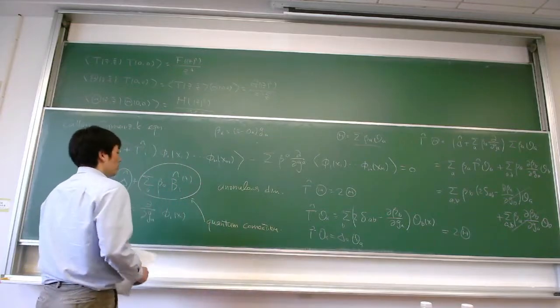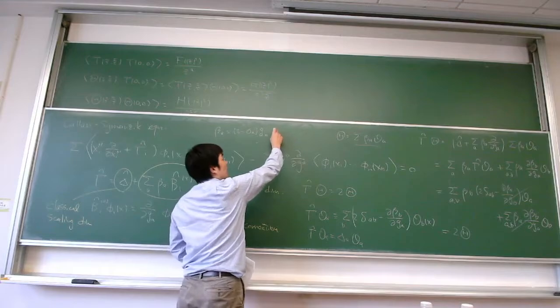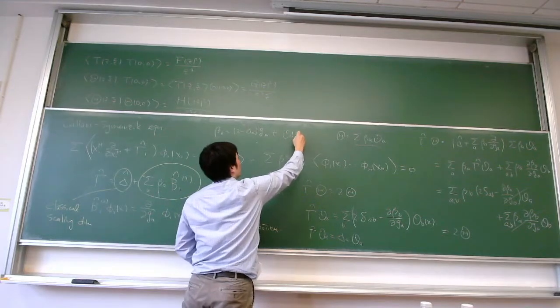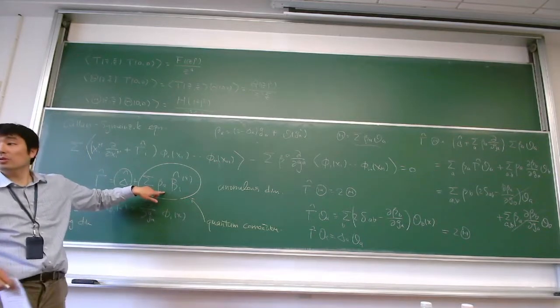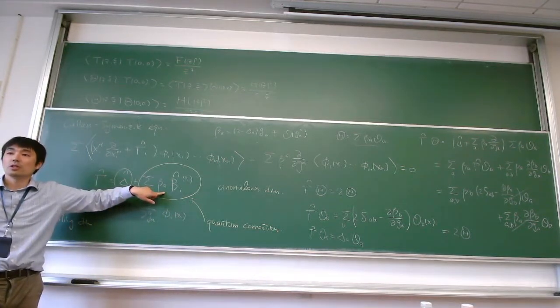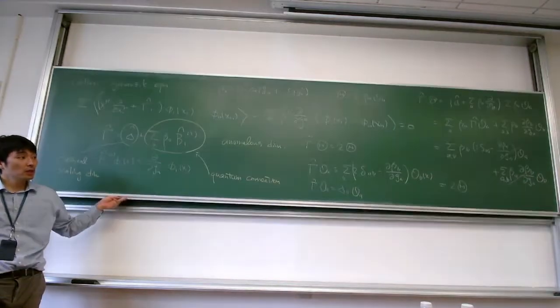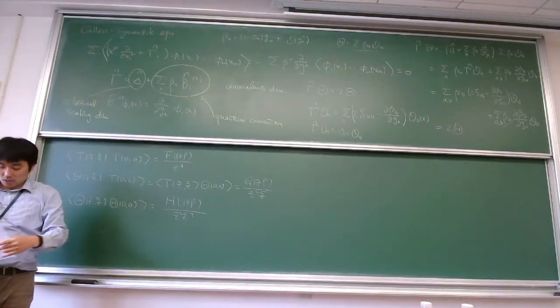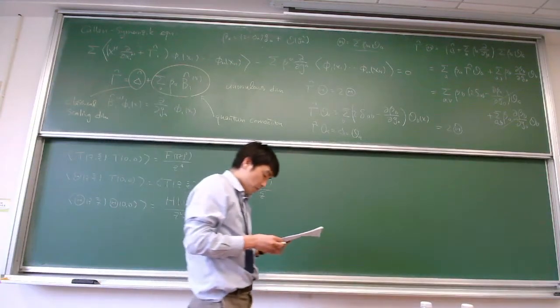But if you try to include more quantum correction, this is the classical analysis, and then a lot of correction will appear from quantum correction. If you include this one, you will receive some quantum correction here. That's why it's called anomalous dimension. So this gamma hat is called the anomalous dimension.